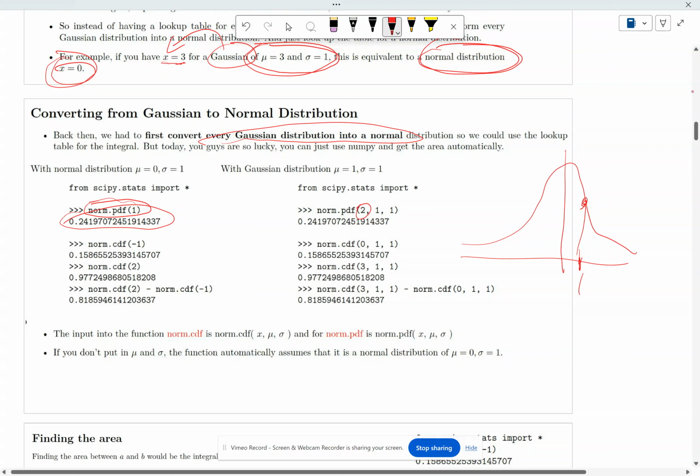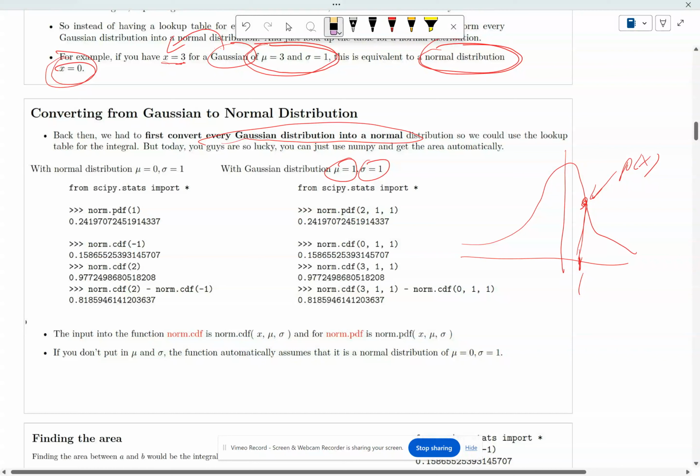If you plug in the PDF at 2 with this, it will give you, again, P of x. Now notice, they're actually equivalent. Therefore, plugging a 2 into this Gaussian distribution versus plugging a 1 into the standard one will give you the same result.